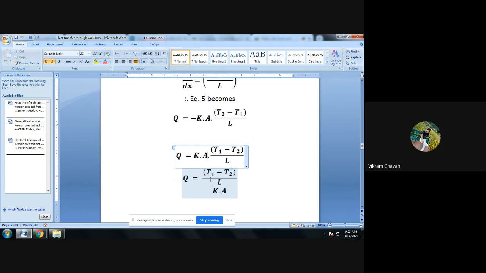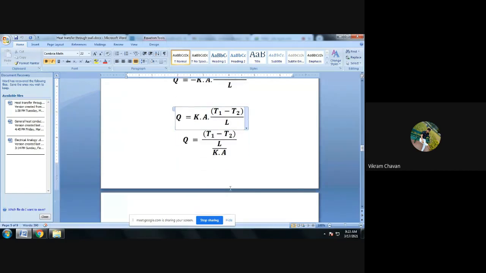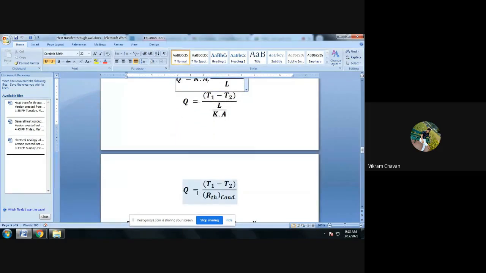So the equation becomes Q is equal to (T1 minus T2) whole divided by L divided by K multiplied by A. And we know that L divided by K multiplied by A is the thermal resistance for the conduction. So we can say that Q is equal to (T1 minus T2) whole divided by the thermal resistance for conduction, R_th (conduction).